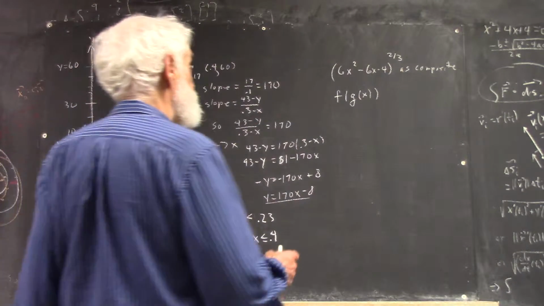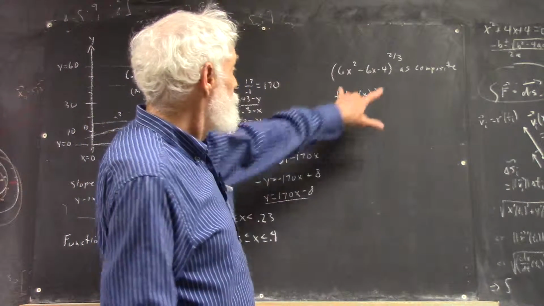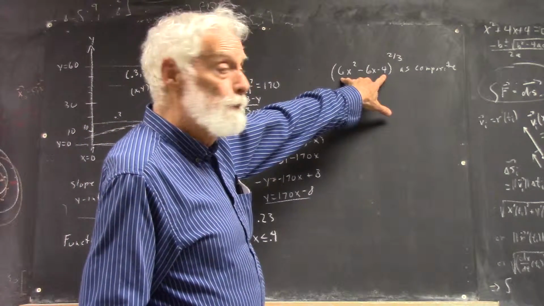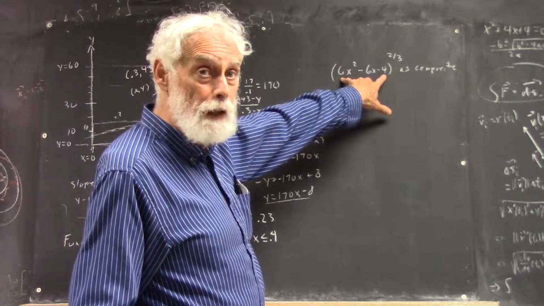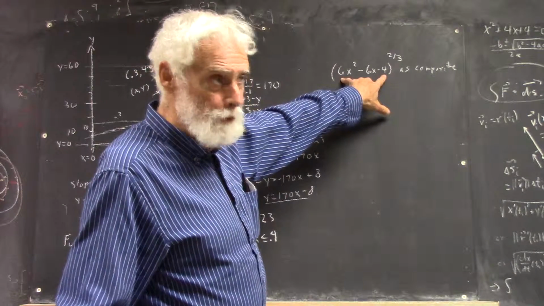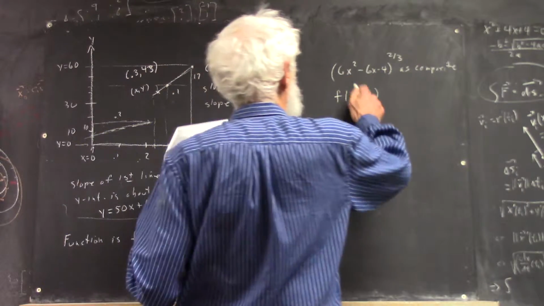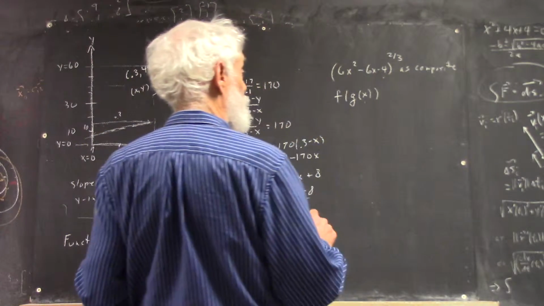Well, first function would be just 6x squared minus 6x minus 4. So I give you x, you can instantly evaluate that, right? I mean, it wouldn't be instant, but you know exactly what to do. You can evaluate that. So if you know x, you can find 6x squared minus 6x minus 4.